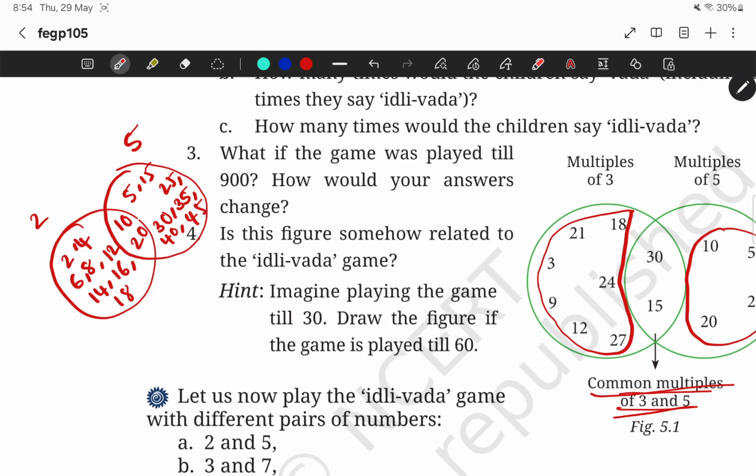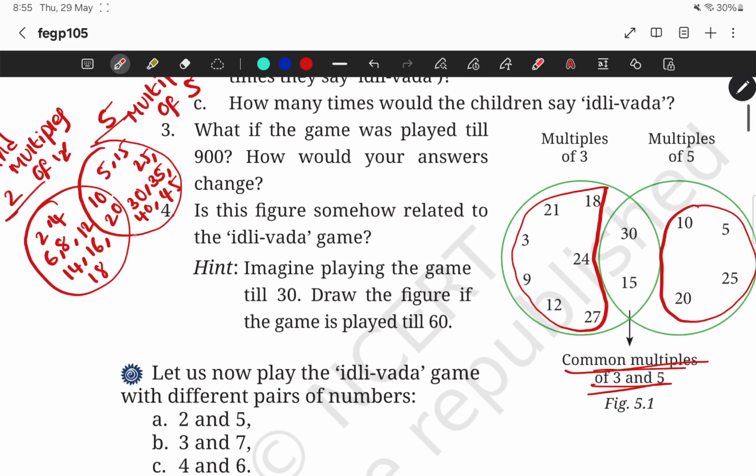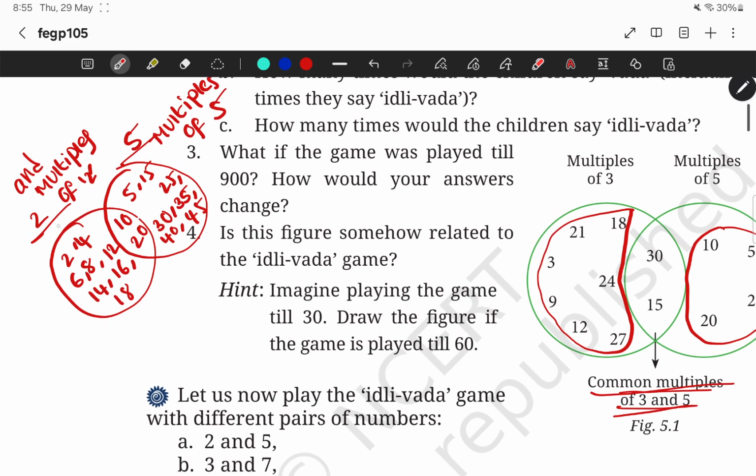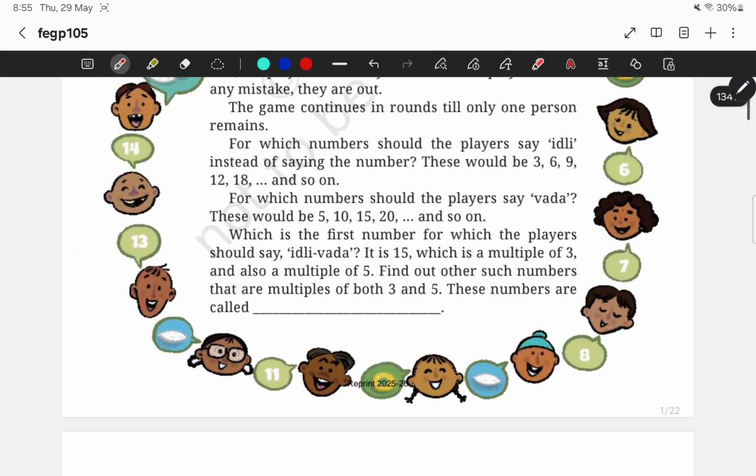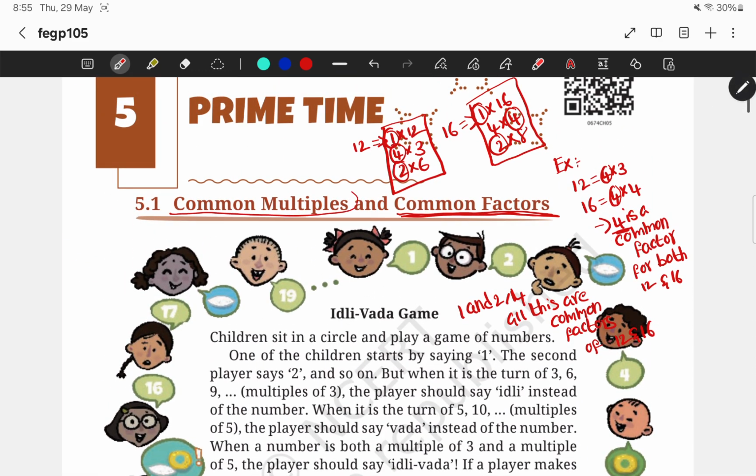So these are the multiples of 5 and multiples of 2. Here 10 and 20 are the common multiples of those 2 and 5. These are the common multiples of 2 and 5. So this is the concept of common multiples.